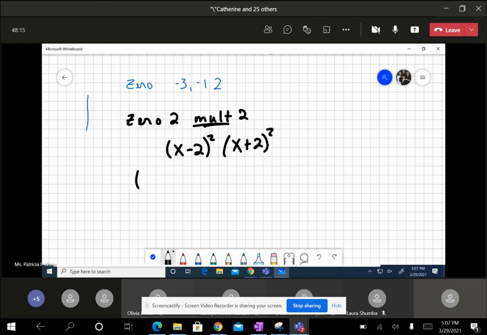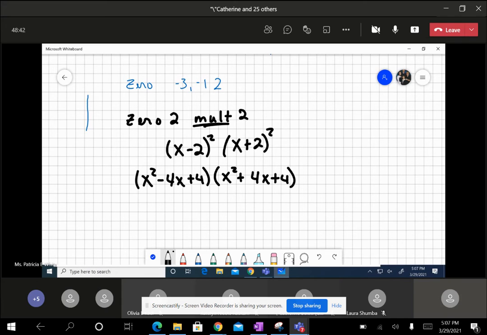So I would have x squared minus 4x plus 4 times x squared plus 4x plus 4. How many turning points would I have on this?